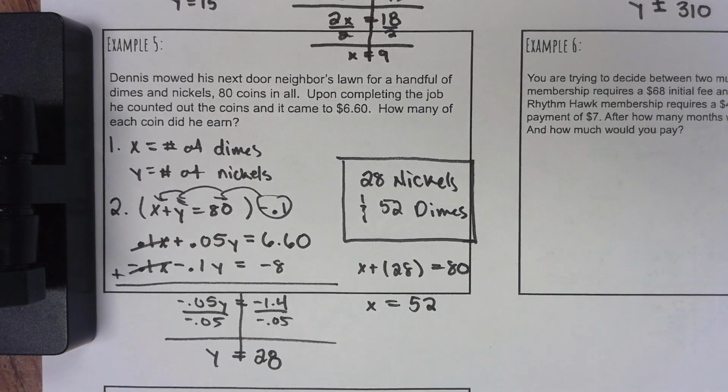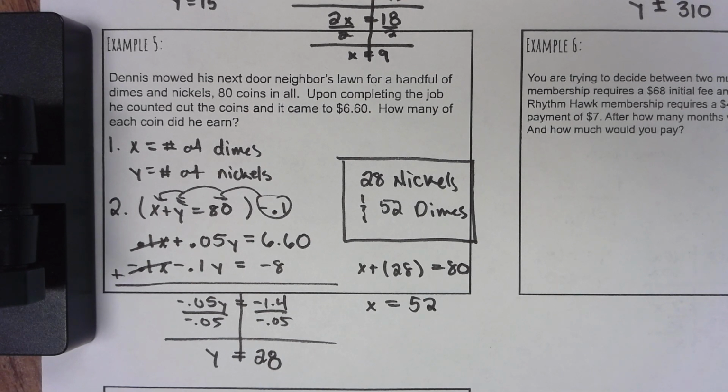But that doesn't change the process. I still think elimination is easiest. So I decided to eliminate the x's by multiplying that entire top equation by negative 0.1. Okay, the negative part is important because if I don't make one of those variables negative, they're not going to cancel out.